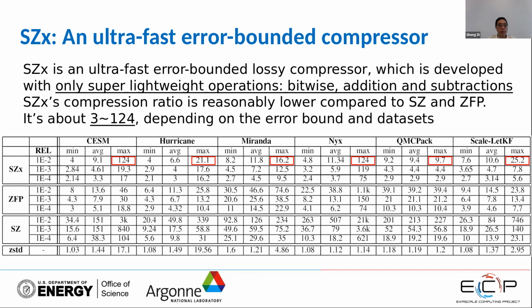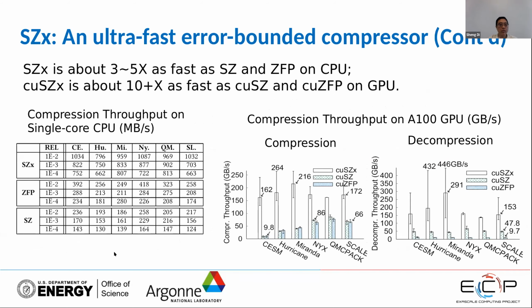So it could be extremely fast, but its compression ratios will be reasonably lower than SZ and ZFP. But it is still about 3 to 124, depending on error bound and datasets, and it is much higher than this standard.